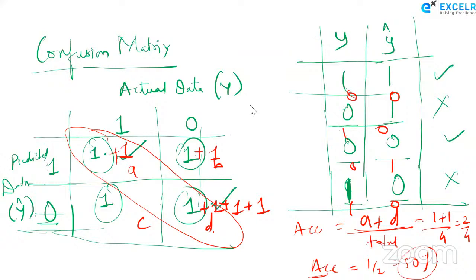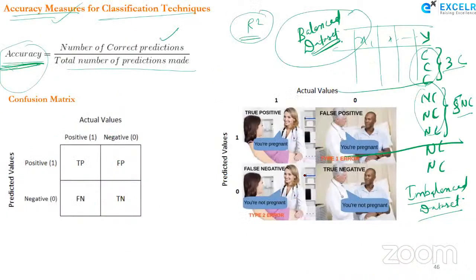Oh, type 1, type 2. Okay. So tell me over here, Rohit, which one is the more serious, grave error? Which is more serious error? Saying that a male is pregnant or saying that a pregnant woman is not pregnant?